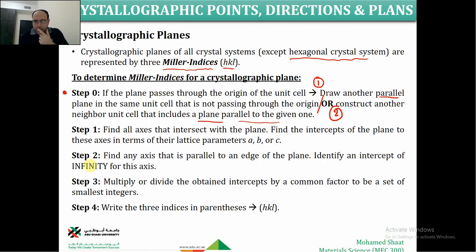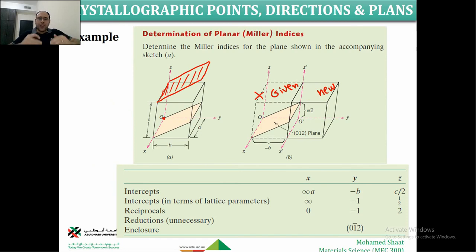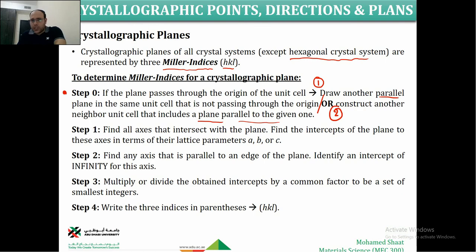In the first method, we are moving the plane itself. We draw another plane parallel to the original plane, cancel this one, and work over the new plane. It looks like we have moved the plane to another place to find its Miller indices. Make sense?